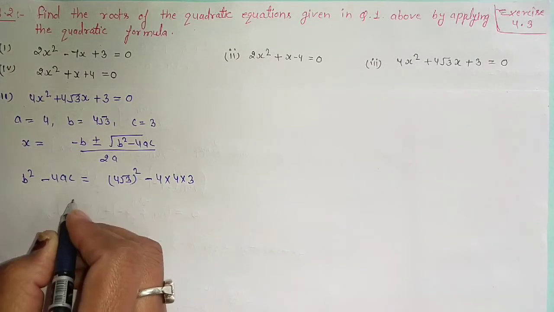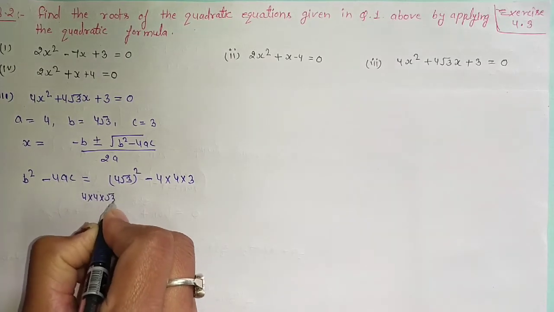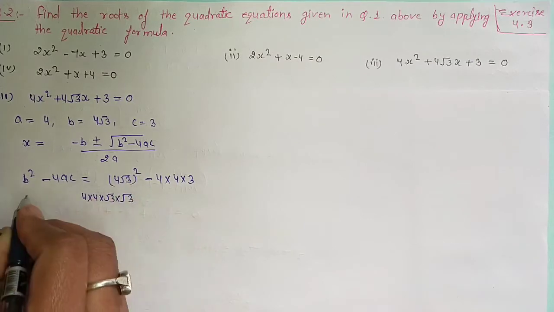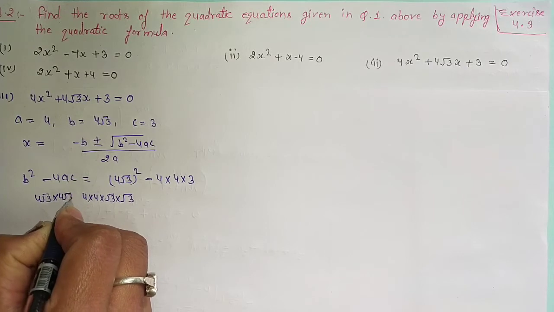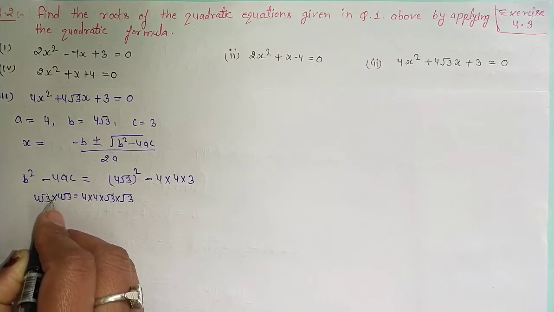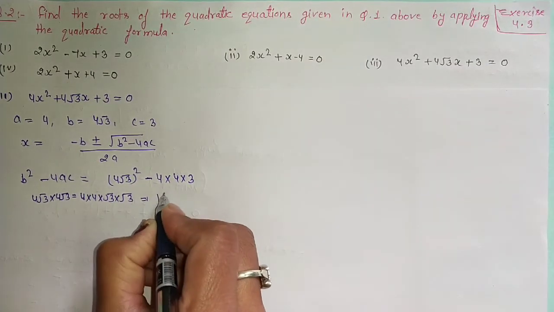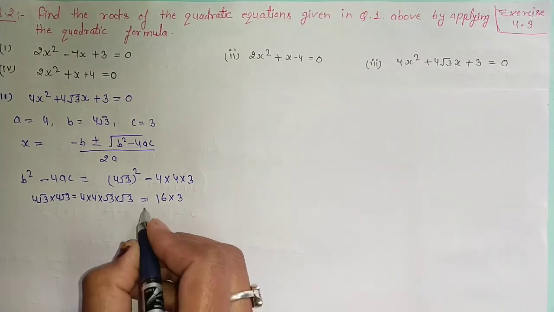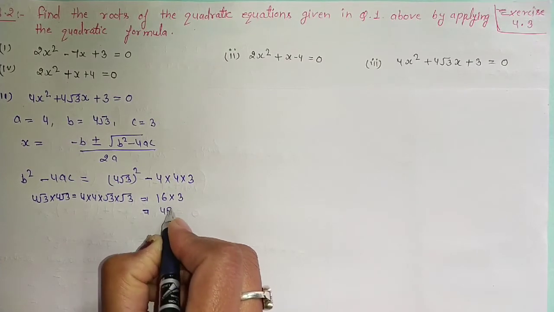The square of 4 root 3, we can write it as 4 root 3 multiply 4 root 3. And we can write 4 multiply 4 and root 3 multiply root 3. 4 multiply 4, that is 16, and root 3 multiply root 3 is 3. And 16 multiply 3 is 48.